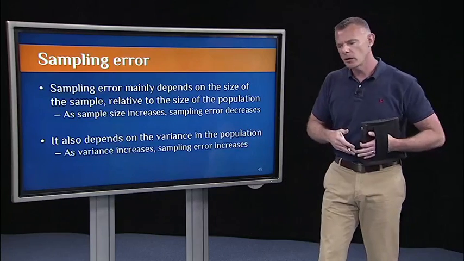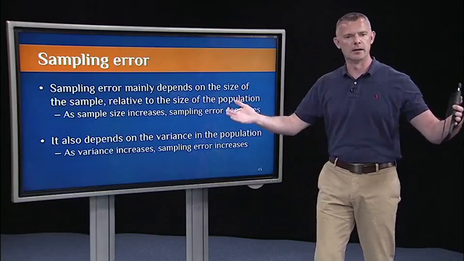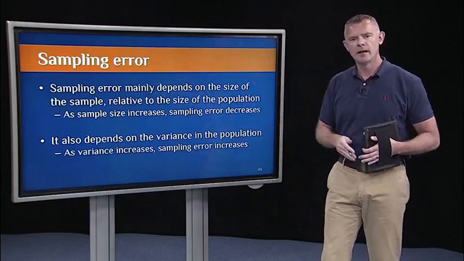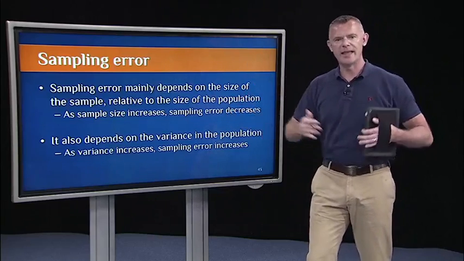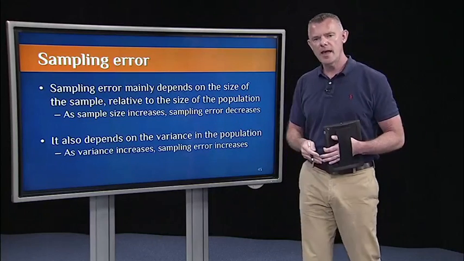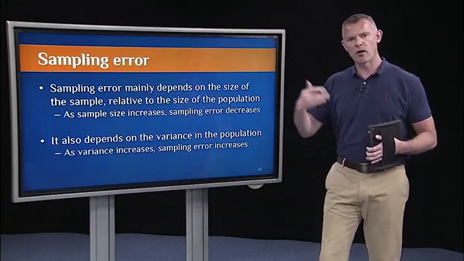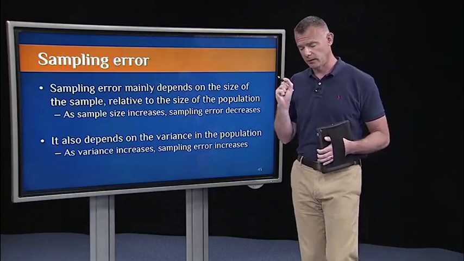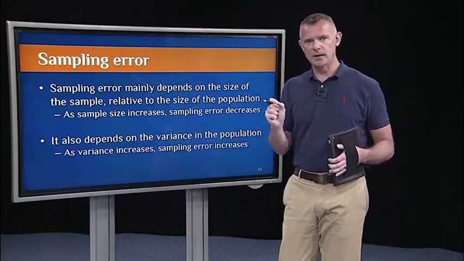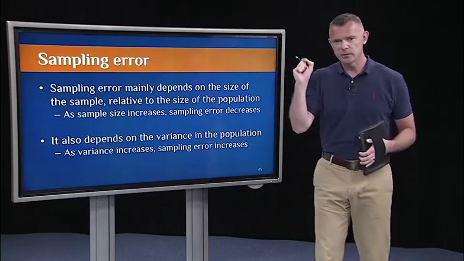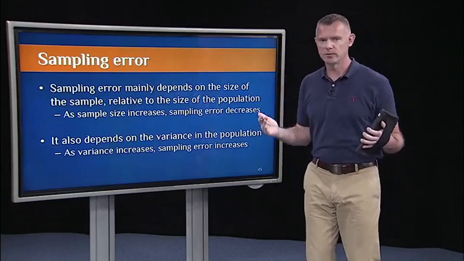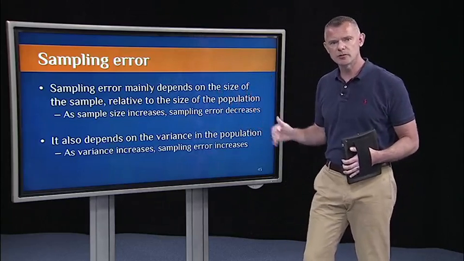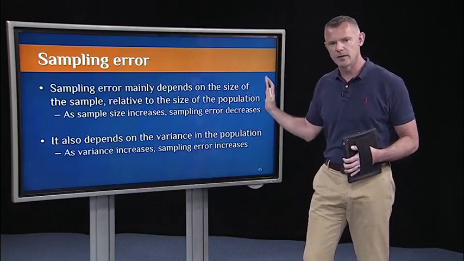In contrast, if I go out and I get a global sample, say I do this online, and I get a global sample of 10,000 people, then I'm much more likely to approximate the population parameters, and I'll have very small sampling error. So very simple idea. The biggest thing that influences sampling error is sample size. And that should be intuitive conceptually, and mathematically you'll see it's very easy.